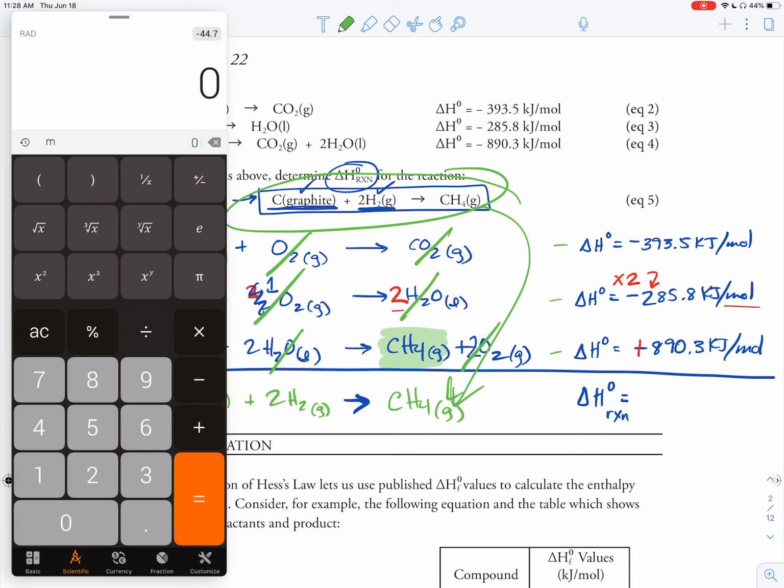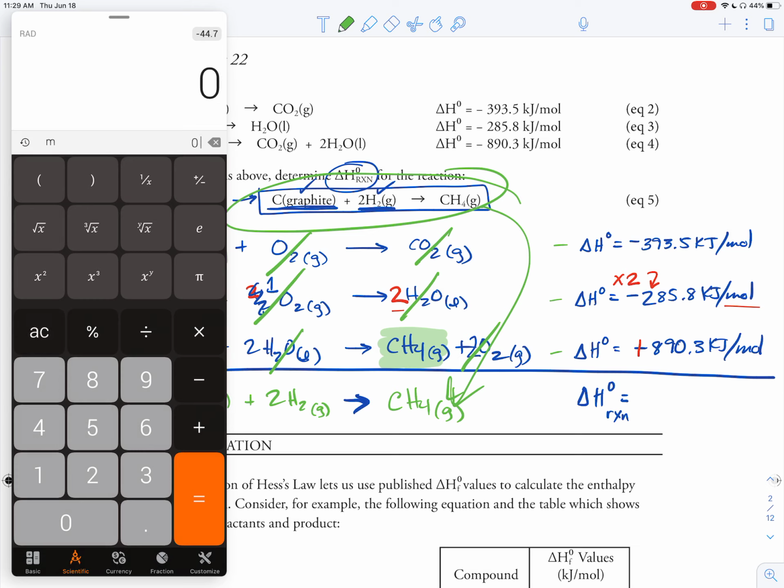So I have negative 393.5 plus 298.8 times 2, and that should have been negative, so let's make sure that I write that correctly.